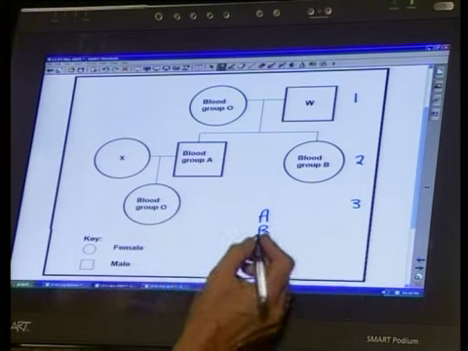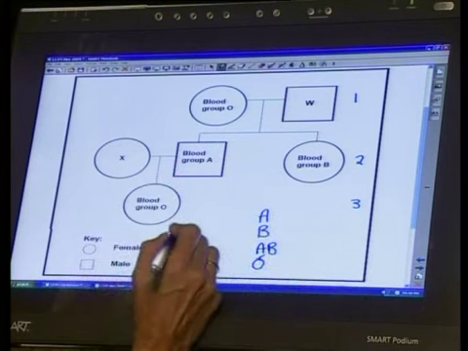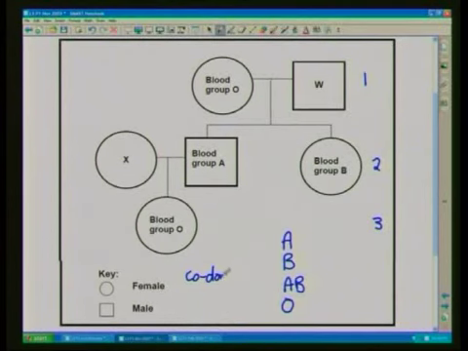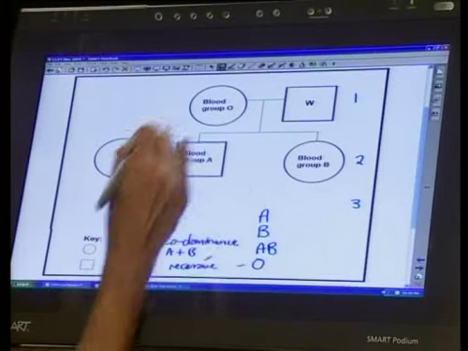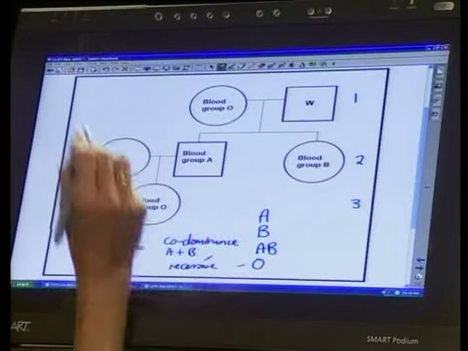Why? Because if you listened to my call before, there is co-dominance between A and B, so they are both dominant. And poor O is always recessive. So if we see an O anywhere here, we must know that there are 2 O's.